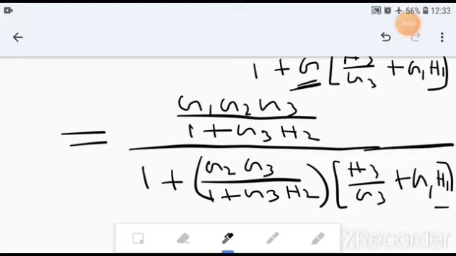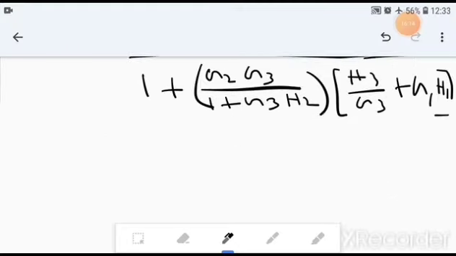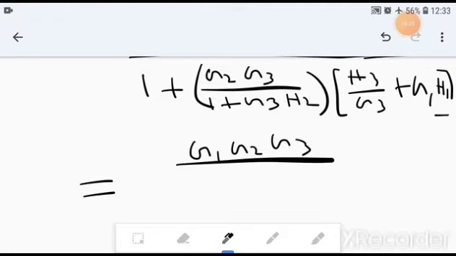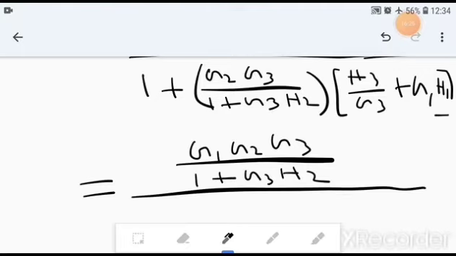So now here you can take the LCM of 1 plus G3 H2, and the numerator we have this 1 plus G3 H2, denominator of numerator, that will get cancelled. You have to finally complete this, because at the end this is a LAQ, so you have to simplify up to the end.